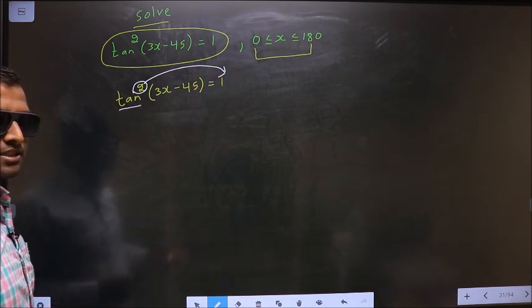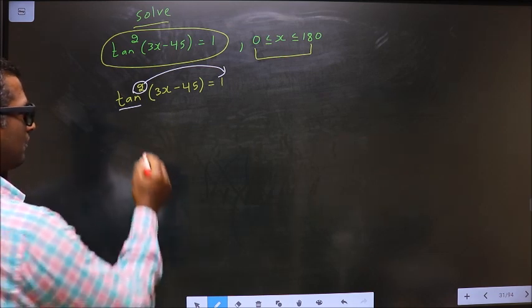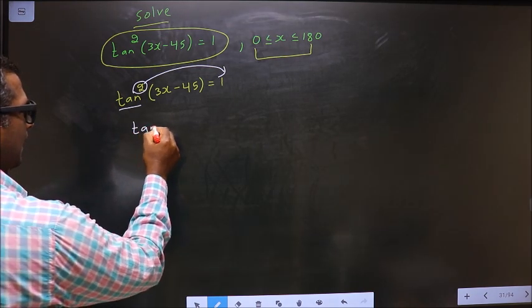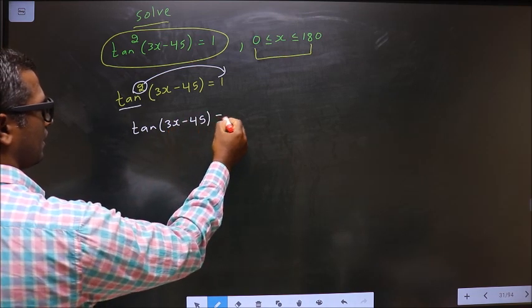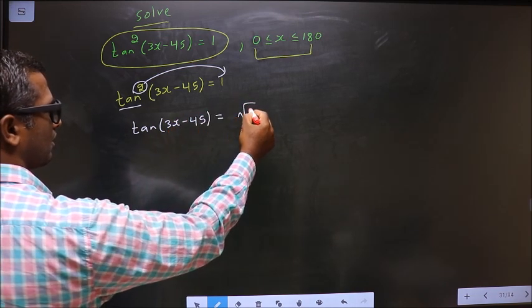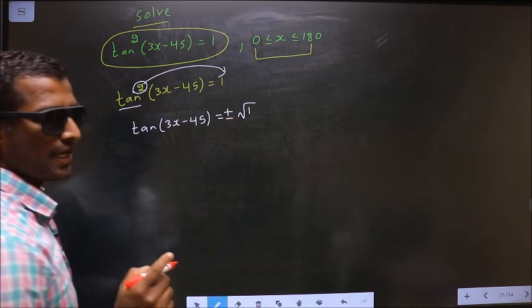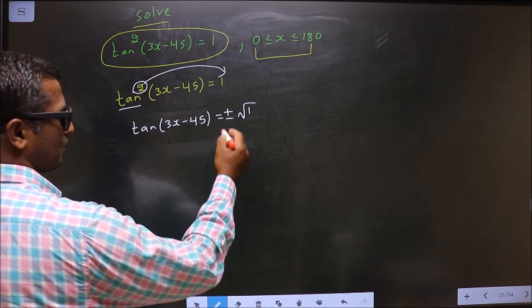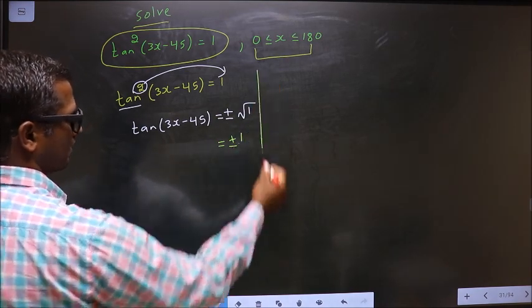When the square gets shifted to the other side, it will become square root. Not only that, you should consider both positive and negative as well. So this is plus or minus square root of 1, which is 1.